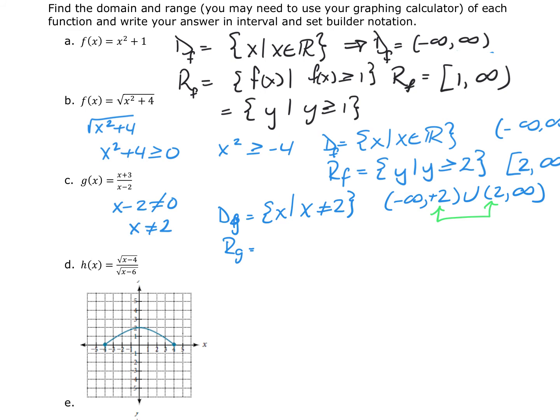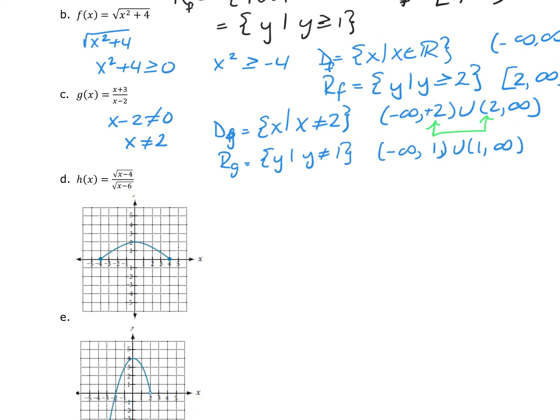The range would be y such that y does not equal 1. In interval notation, it would look like negative infinity to 1, union 1 to infinity. Again, this is the reason why I'm not a fan of interval notation once I start pulling out values that it can't be.